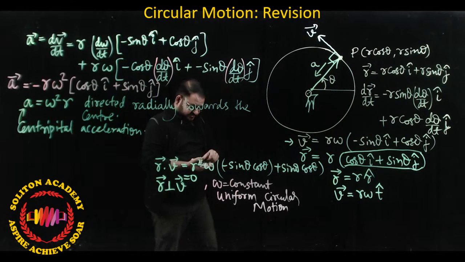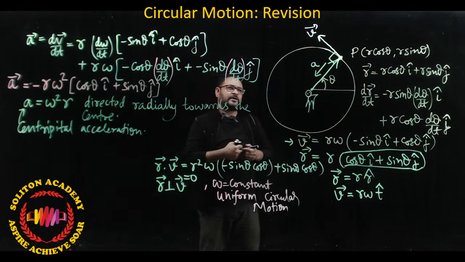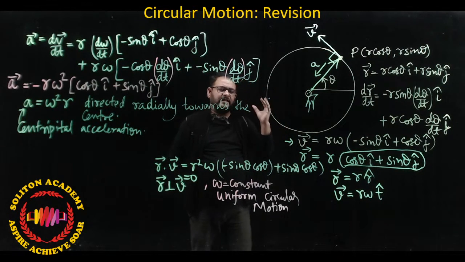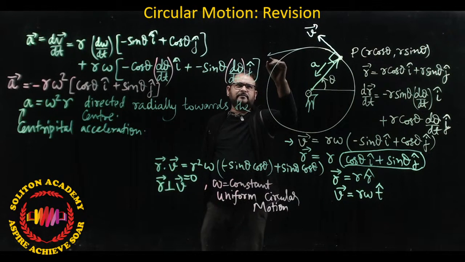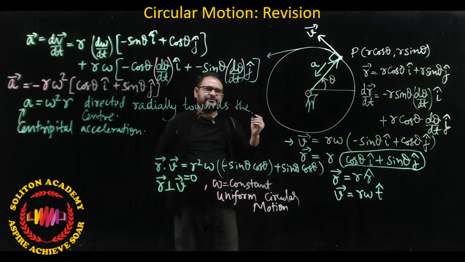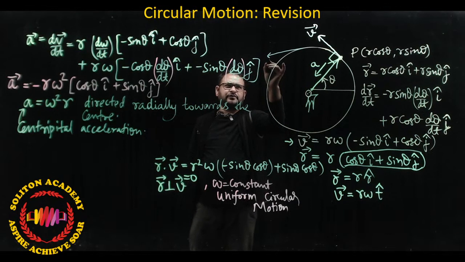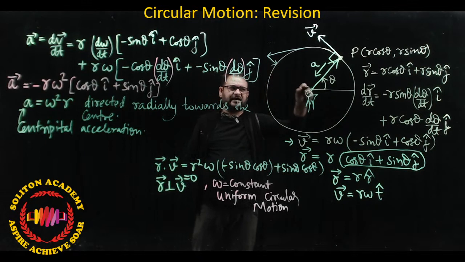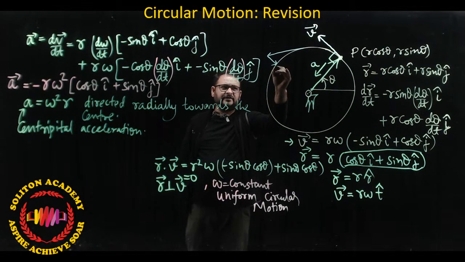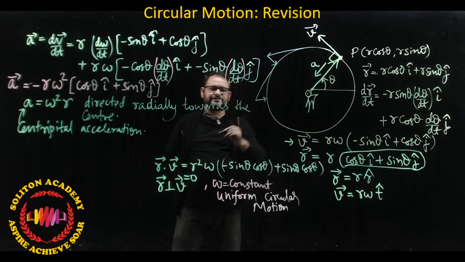You can think this by following line of thought. The body wants to go tangential, but you can imagine due to centripetal acceleration it falls down and it falls radially towards the center. Then it wants to fly away, it falls towards the earth.